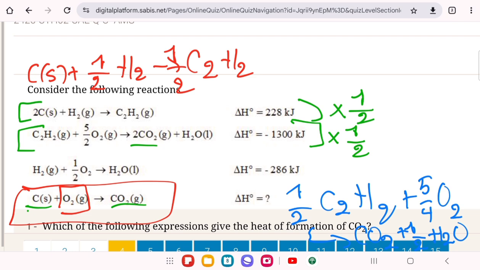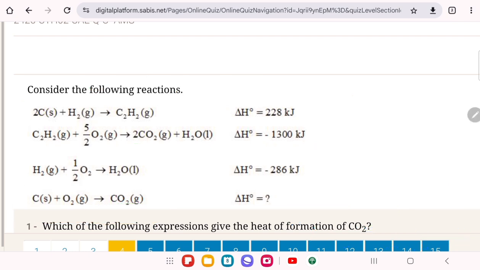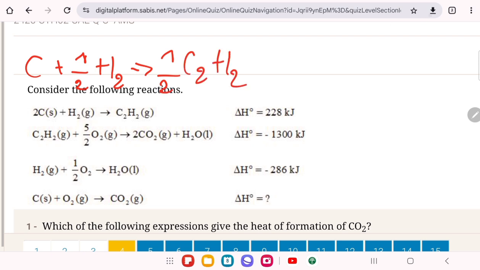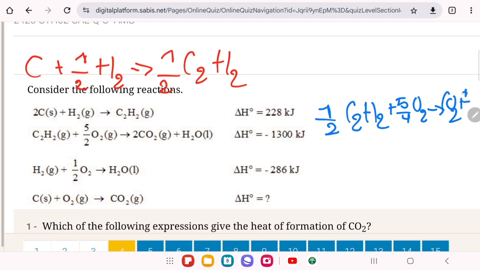So let me just rewrite everything properly. We have C plus 1 over 2 H2 gives us 1 over 2 C2H2. And then we have 1 over 2 C2H2 plus 5 over 4 O2 gives us CO2 plus 1 over 2 H2O.